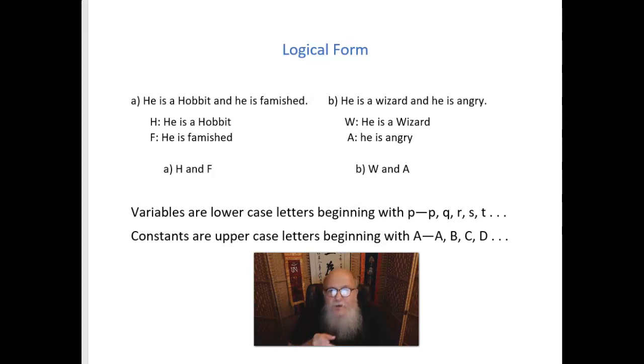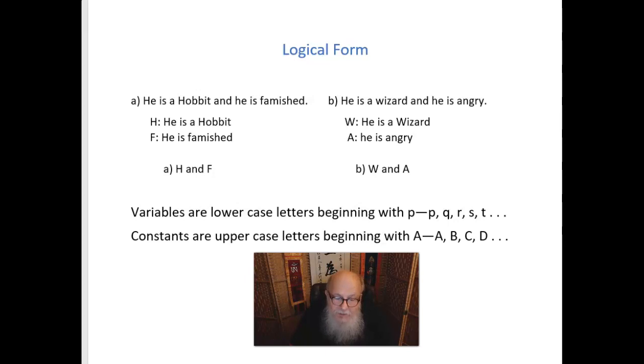Right? So for he is a hobbit and he is famished, we can let H stand for he is a hobbit, F stand for he is famished, and that gives us H and F. Similarly, he is a wizard and he is angry. W will stand for he is a wizard, A will stand for he is angry, and that gives you W and A.